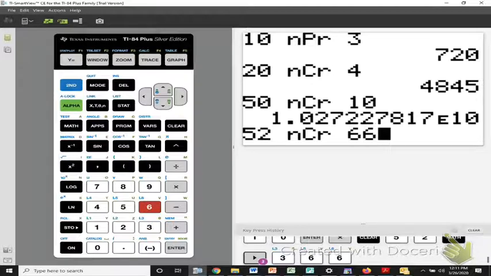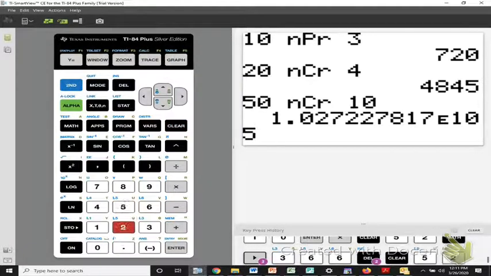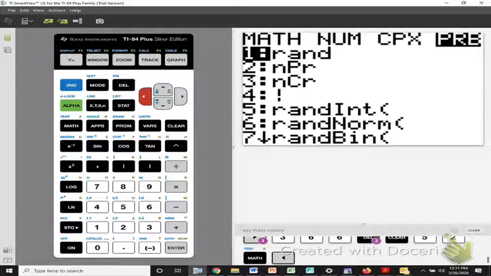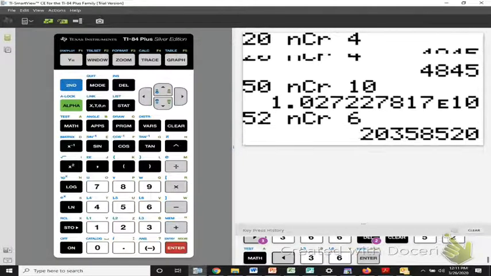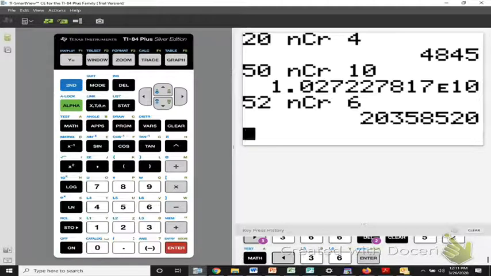Taken 6 at a time. Start over. 52 chosen 6 at a time. Enter. 20,358,520. And that's what we had in the other way.